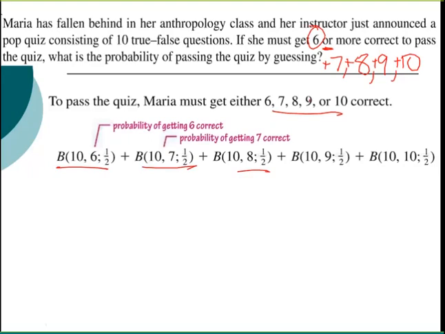So this is the probability of getting 6 right. Notice there's 10 questions. This is the chance of getting 6 right, and each individual question is true or false, so you get a half chance of getting it right or wrong. And then we do it again for 7, for 8, for 9, and for 10. Okay.